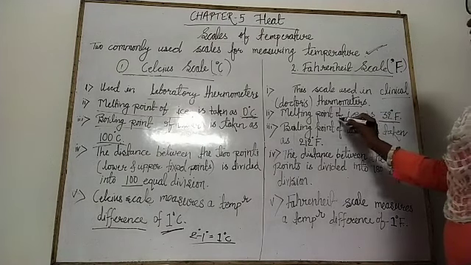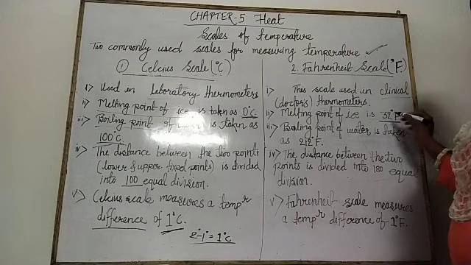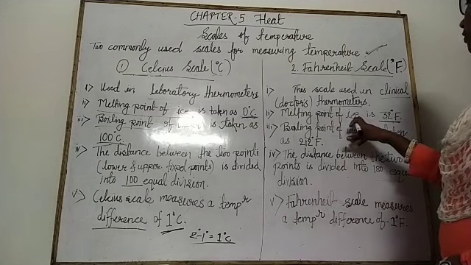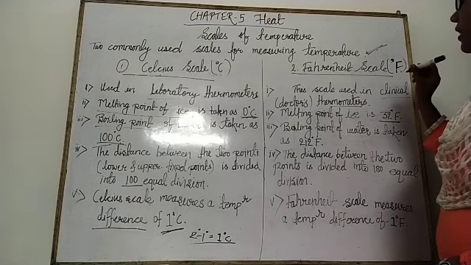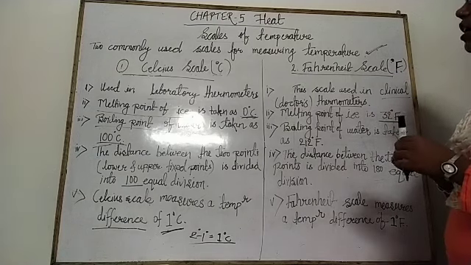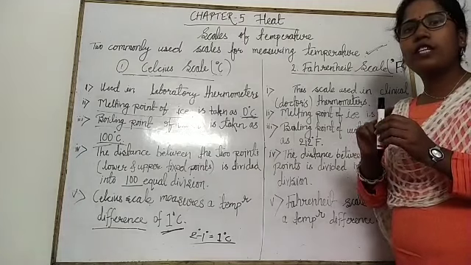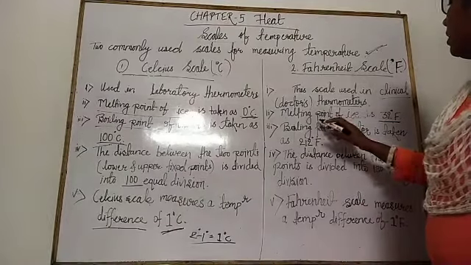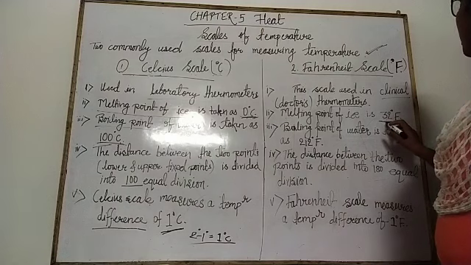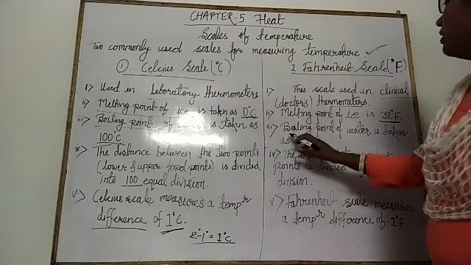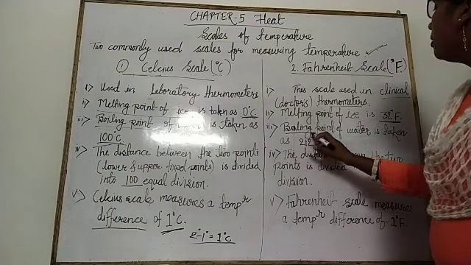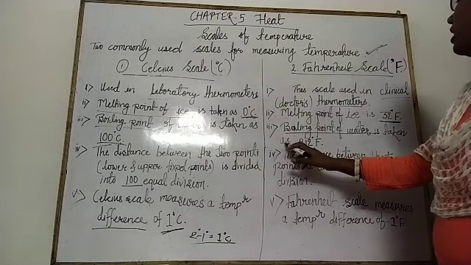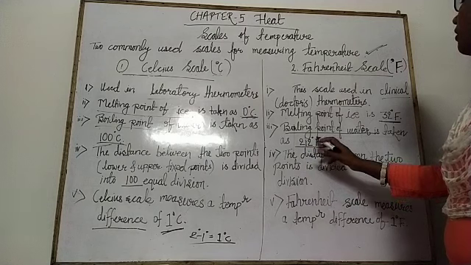In a thermometer both scales are given, Celsius and Fahrenheit. If we take the melting point of ice, it is 32 degree Fahrenheit. The boiling point of water in the Fahrenheit scale is taken as 212 degree Fahrenheit.